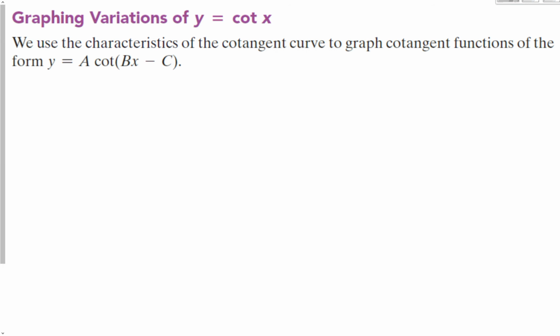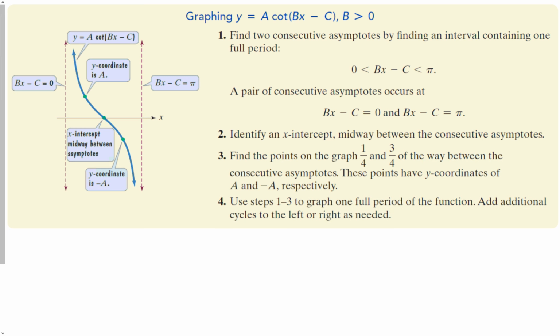Okay, so let's get into cotangent. We can use the characteristics of the cotangent curve, just like we use with the tangent curve, to graph the function. We're going to find two consecutive asymptotes by finding an interval with one period, except here's the difference. The thing you set the inside of the cotangent function to is 0 and pi, as opposed to negative pi over 2 and positive pi over 2.